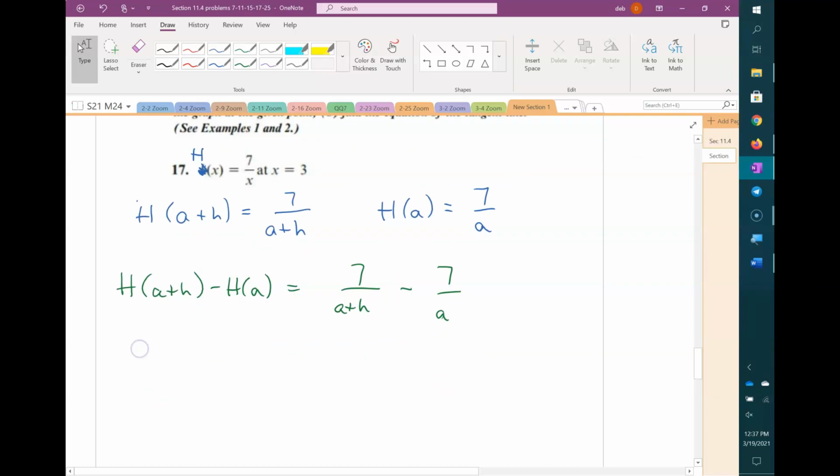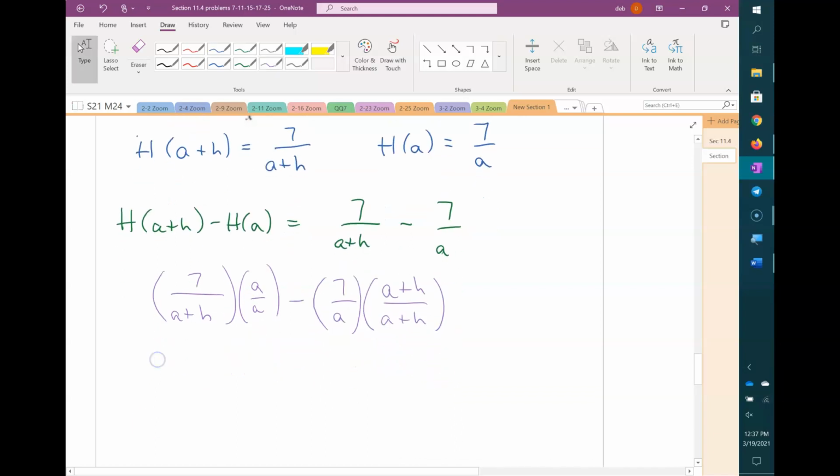Then I need a common denominator. So the 7 over a plus h is going to be multiplied by a over a. 7 over a is going to be multiplied by a plus h over a plus h. So now I'm going to have 7 times a minus 7 times (a plus h) over a times (a plus h).